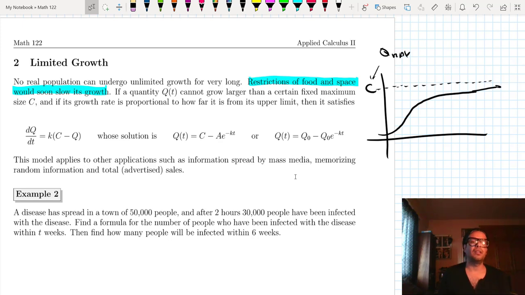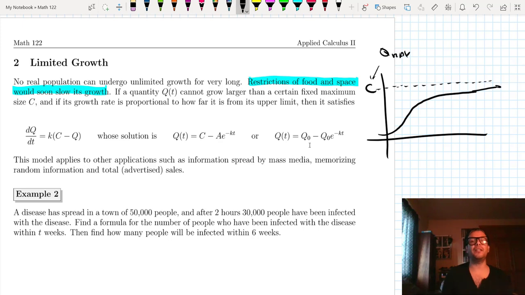Number one, we need to find a formula for the number of people infected within any number of weeks, and then find out how many people will be infected within 6 weeks.